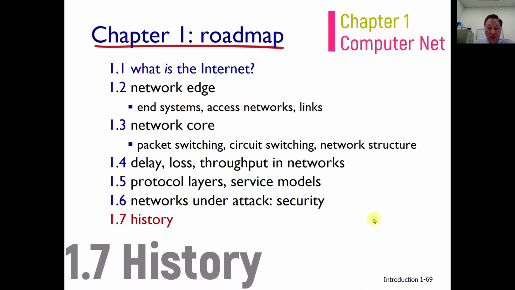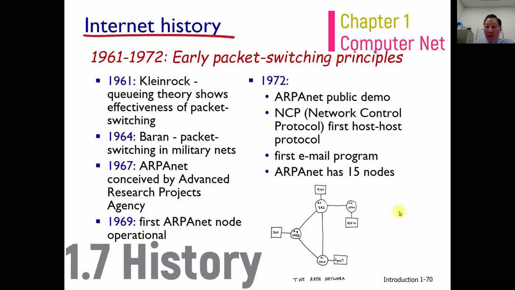Okay, the final chapter is about history. We can omit this one, but there are some important concepts I will explain. Let's look at the history of the internet. It usually started around the 1960s.